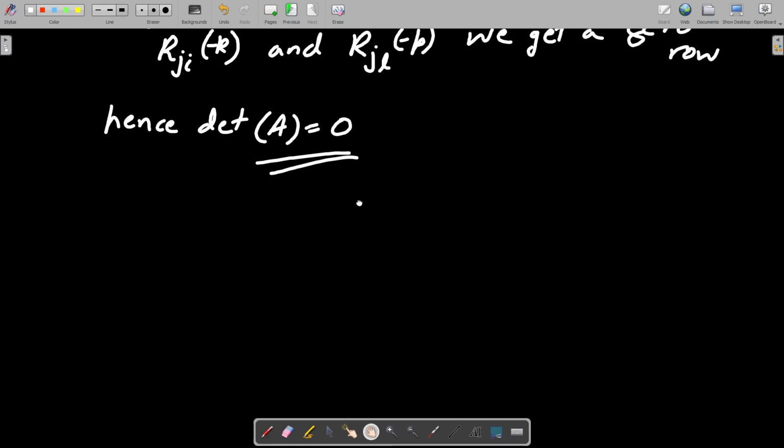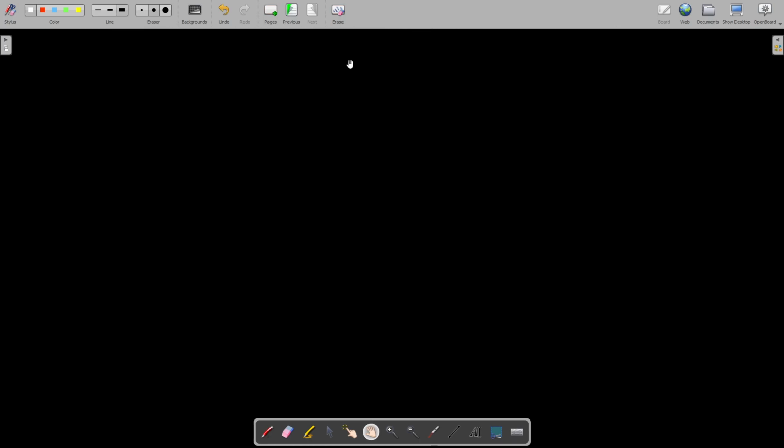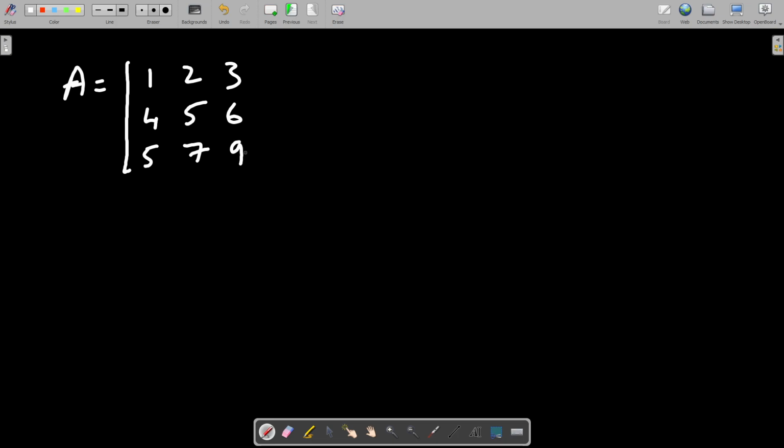Yeah, so let me show you one example on this last one. So take A to be equal to this matrix: 1 2 3, 4 5 6, and the third row now I'll just keep as the sum of both of them, so 5 7 9.